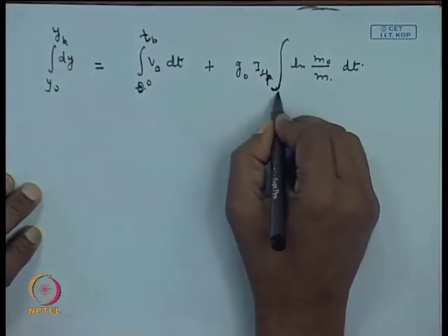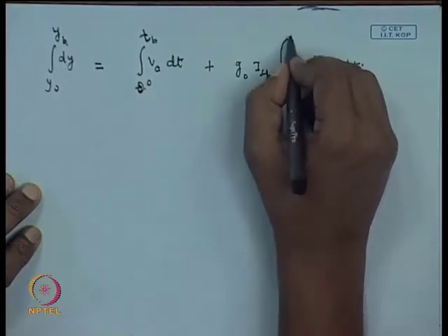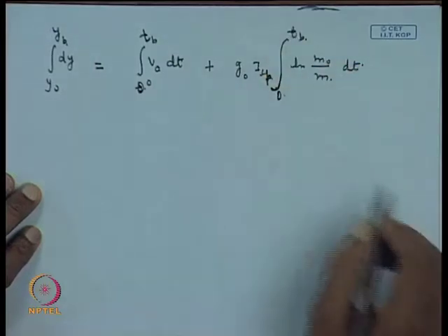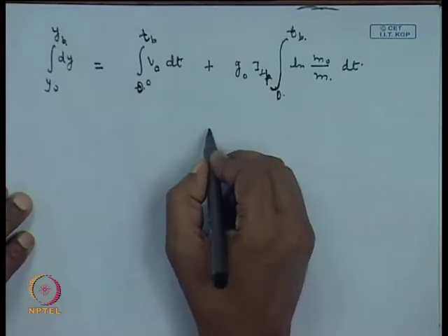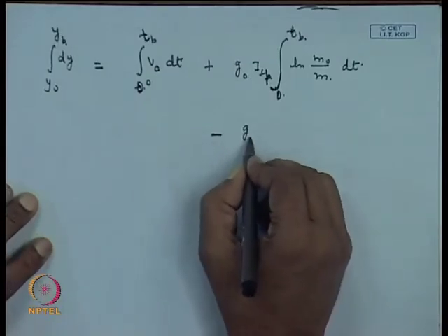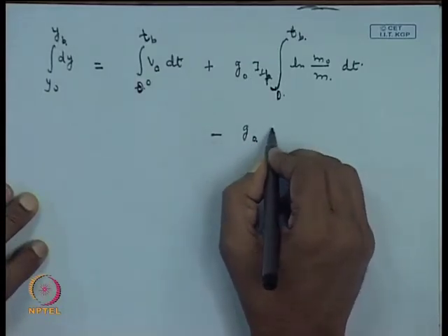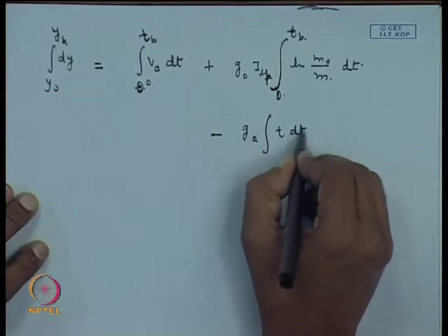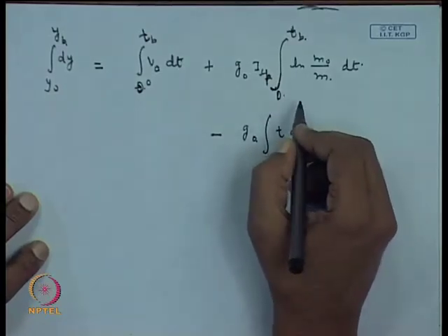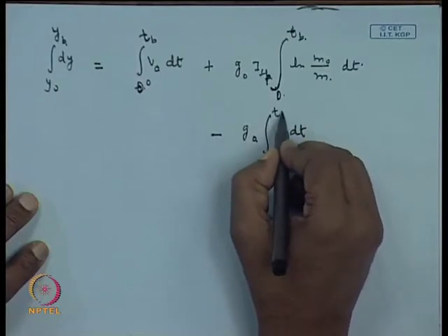Okay, so, here we will put t equal to 0 to T b, and the last term remaining with us is g 0 t. So, this becomes g 0 t dt from 0 to T b.